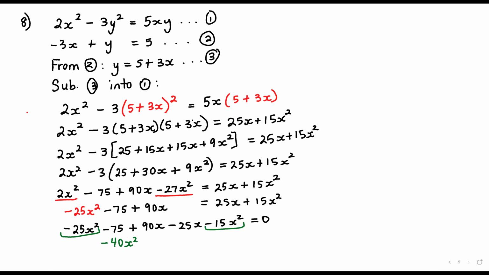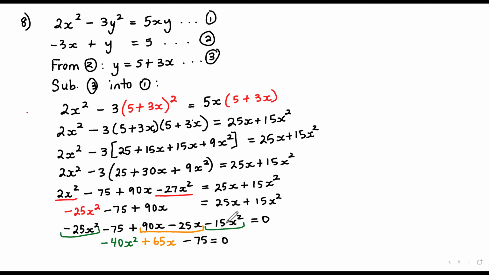And then you also have here 90x take away 25x. 90 take away 25 is 65. And then, well, minus 75 is by itself. So that will just be minus 75 is equal to 0.